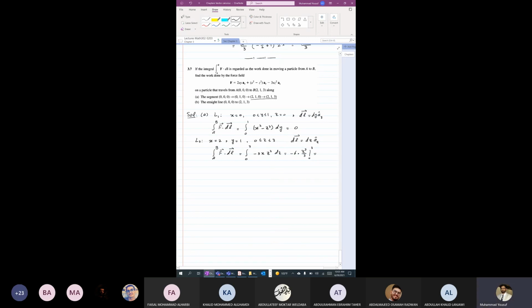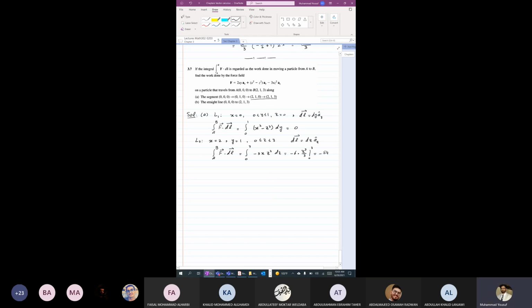When we put in 3, 3 cubed is 27, 27 over 3 is 9, and 9 times 6 is 54. So negative 54 is the answer.